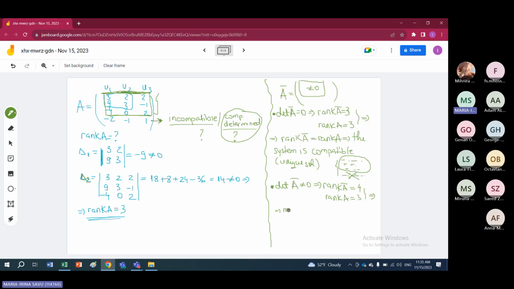So using the theorem, the rank of the extended matrix is not the rank of A, so the system is incompatible. It means that V is not in the span of U1, U2, U3. And now you have to write the extended matrix and find its determinant.